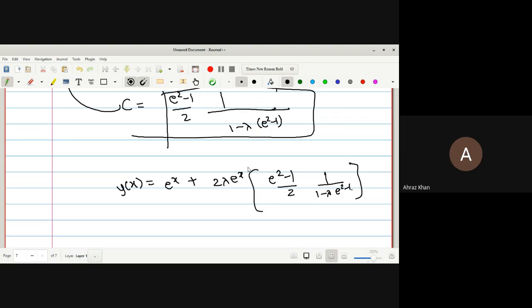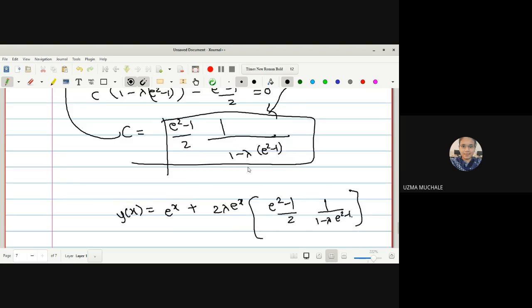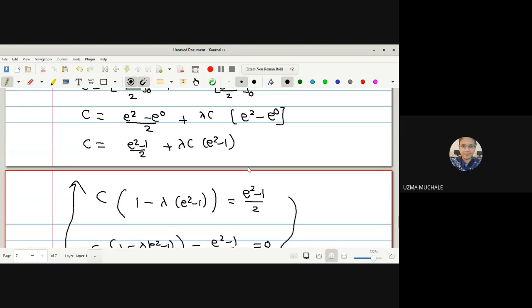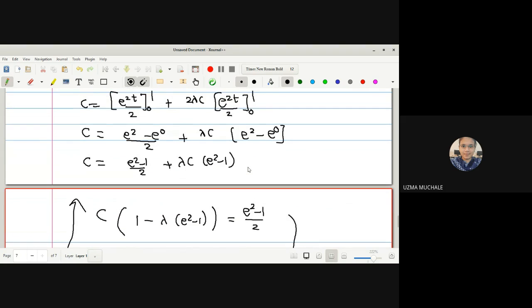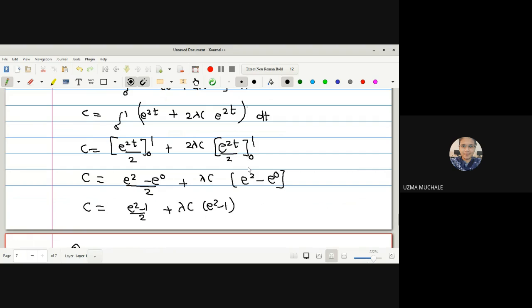Ma'am, here we cannot find the value of lambda. We can find it, but what is the problem? Let me write it down here. In this step, I can write this as the integral from 0 to 1 of e^t or e^(2t) outside, 1 plus 2 lambda c.